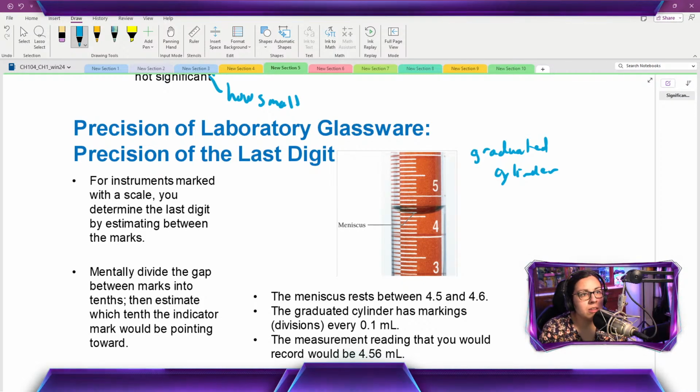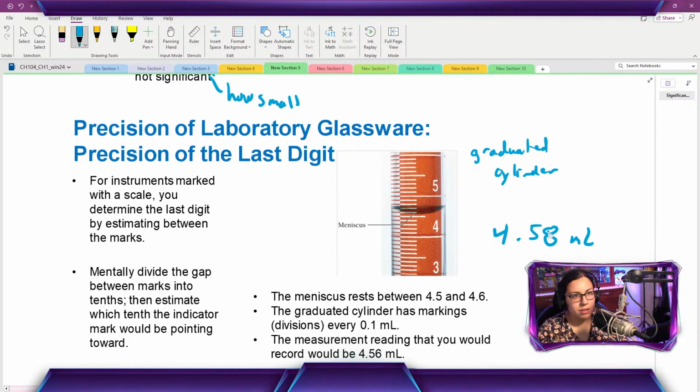In this case, it's somewhere between 4.5 and 4.6, and so we can just guess. They put 4.56 milliliters. You may disagree. You may think it's a little closer to 4.58 milliliters, but people are going to have different answers for that.